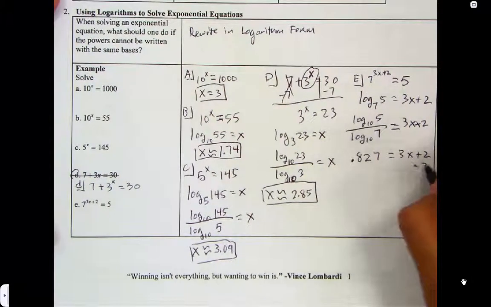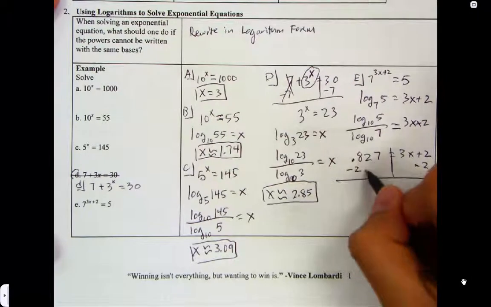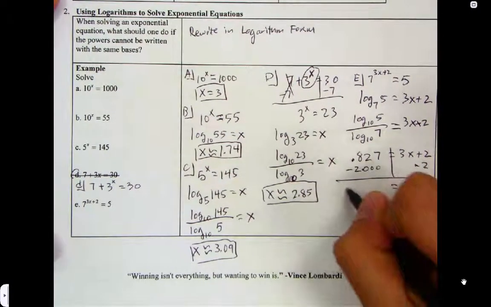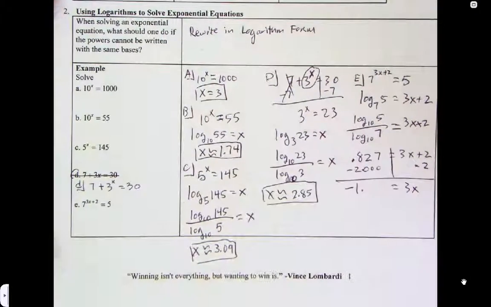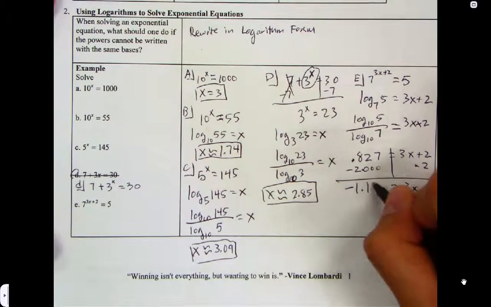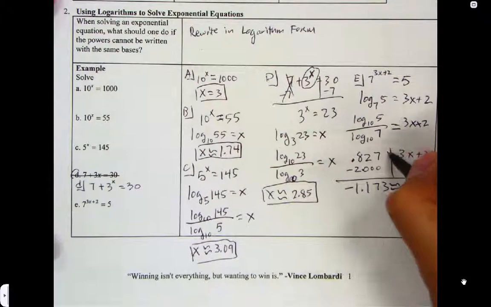I subtract 2 on both sides. Bigger number minus smaller number. So you get negative 1.173 approximately. So I'm going to use squiggly lines.